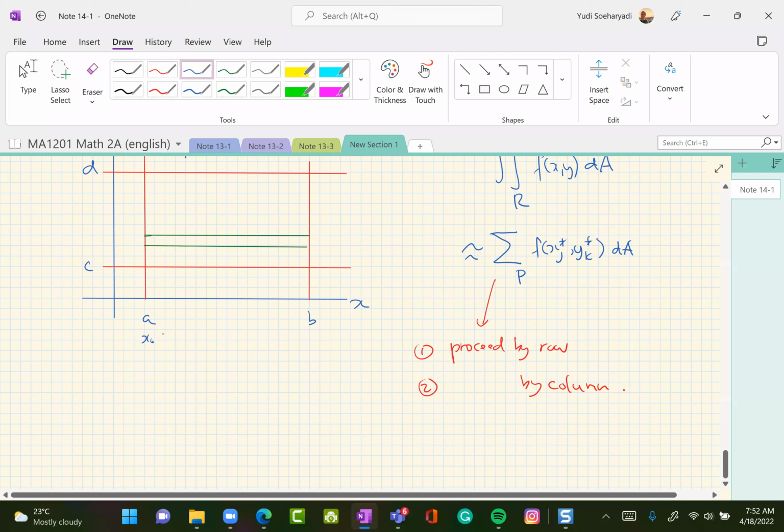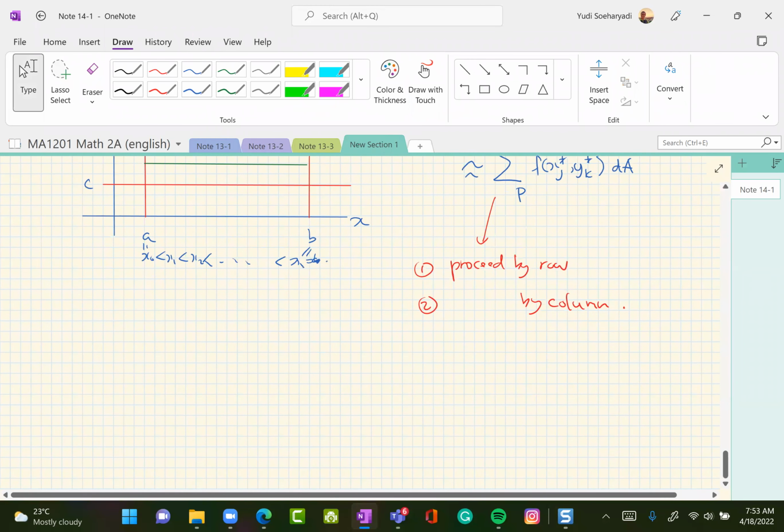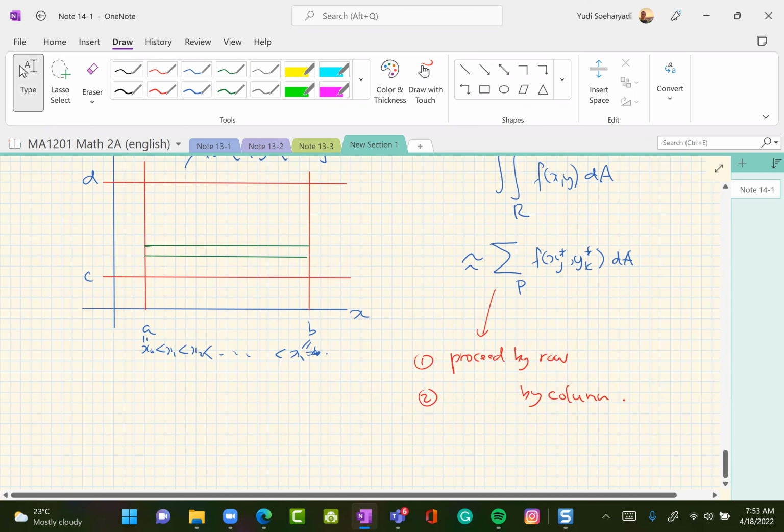So this is x1, x2. So if we proceed by row, we have this one.